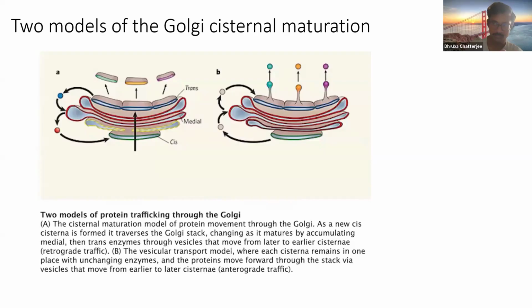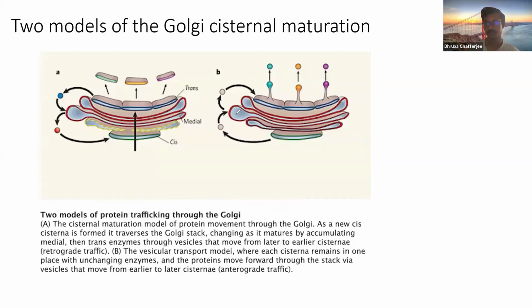Now, there are two models proposed for this, and the mechanism is not exactly clear in the truest of terms. In one model, vesicles bud out from each Golgi cisterna. From the cis Golgi, vesicles bud out with the proteins and suitable lipids, and they fuse with the next cisterna, the medial cisterna.